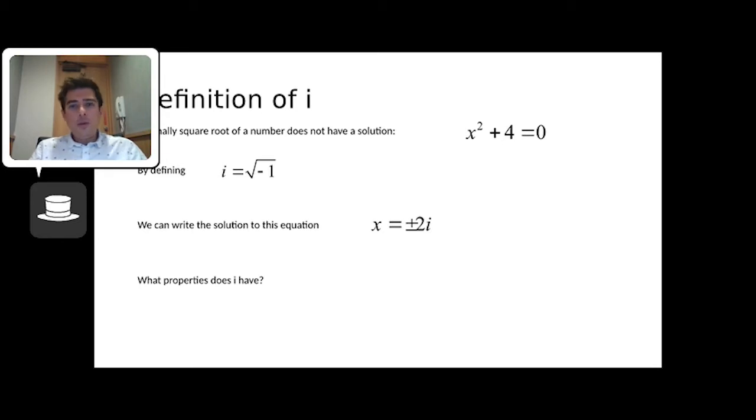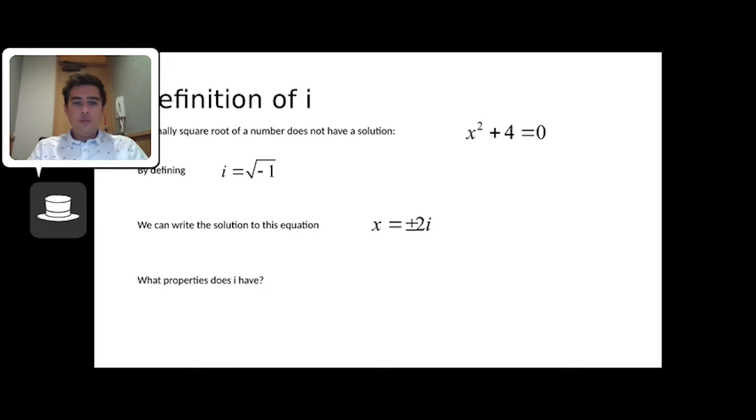Say you want to take the square root of 4, then it's got solutions of plus or minus 2, because 2 times 2 is 4, or minus 2 times minus 2 is 4. But what about if you wanted to take the square root of a negative number?